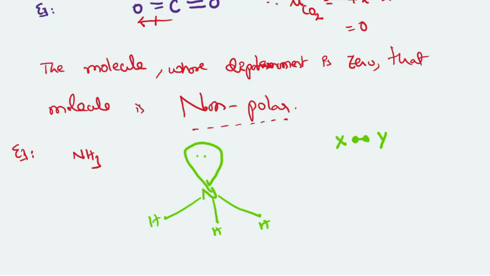But a lone pair means the pair is present lonely. Lonely means no restrictions. Suppose you went to America and you are there alone. Nobody can restrict you, you will go anywhere.